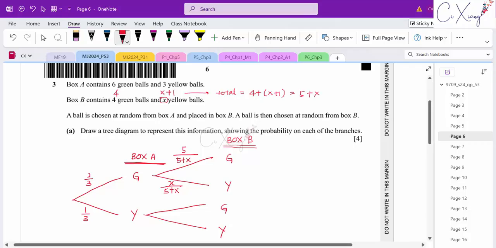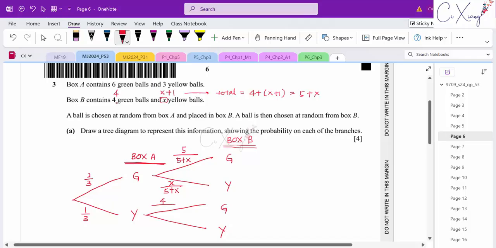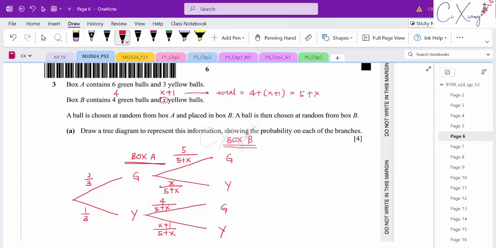So to get a green ball from box B, the probability will be 4 over the total 5 plus x. Then to get a yellow ball from box B will be x plus 1 divided by 5 plus x, because your yellow ball count is now x plus 1. This is how our tree diagram looks. Let's continue to part B.